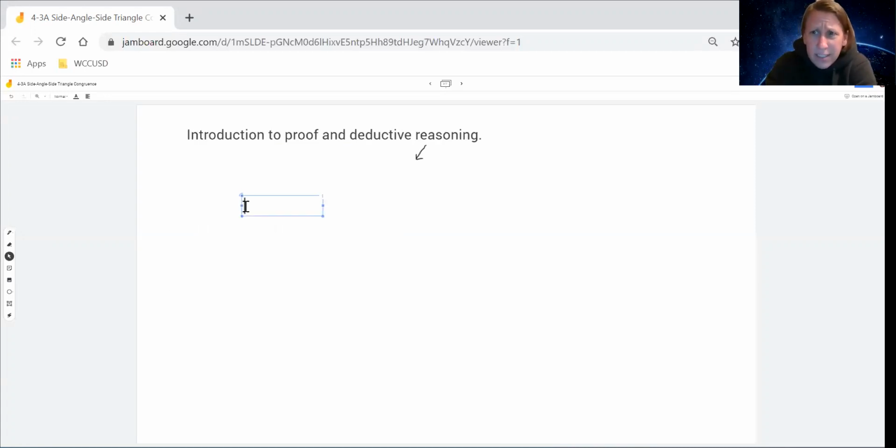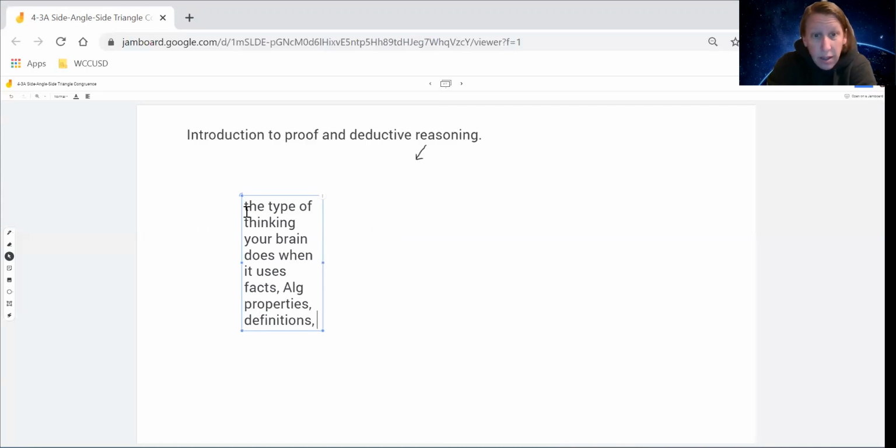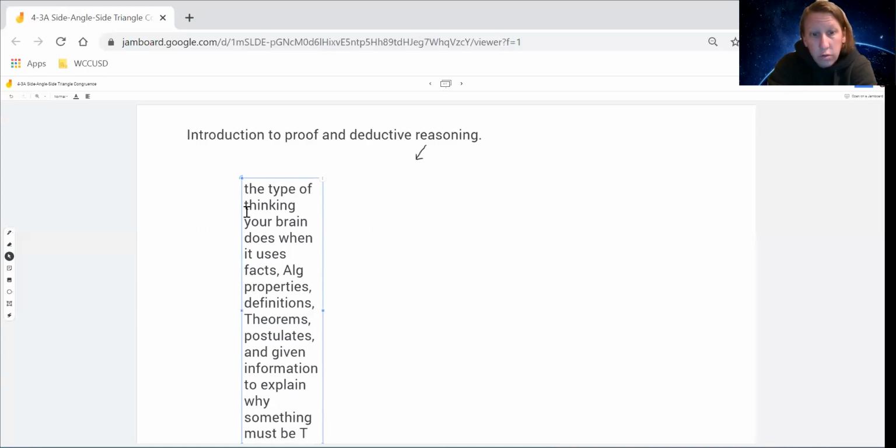The way I think of it is deductive reasoning is the type of thinking your brain does when it uses facts, algebra properties, definitions, theorems, postulates, and given information to explain why something must be true.